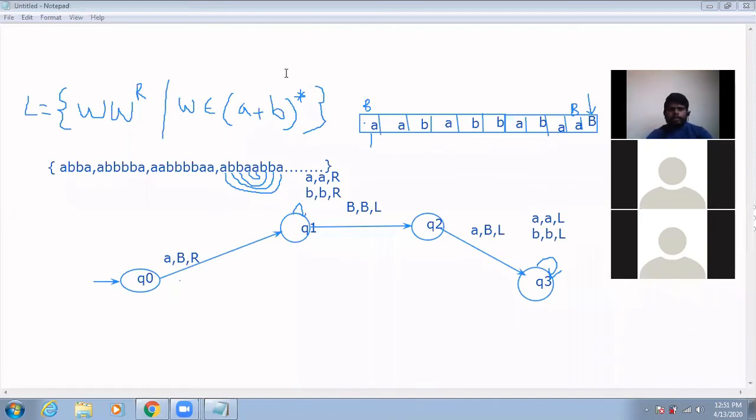So what is the transition here? Blank on blank, and you move right hand side.